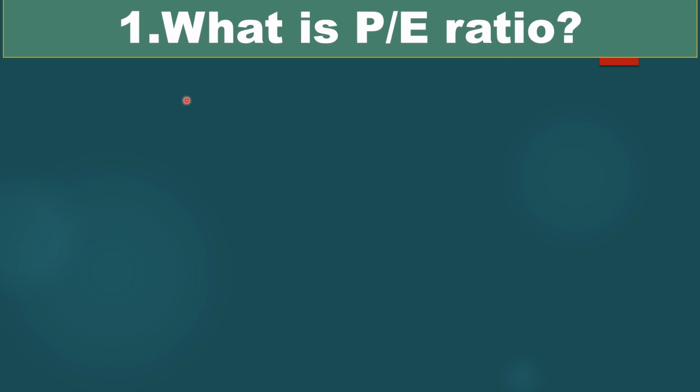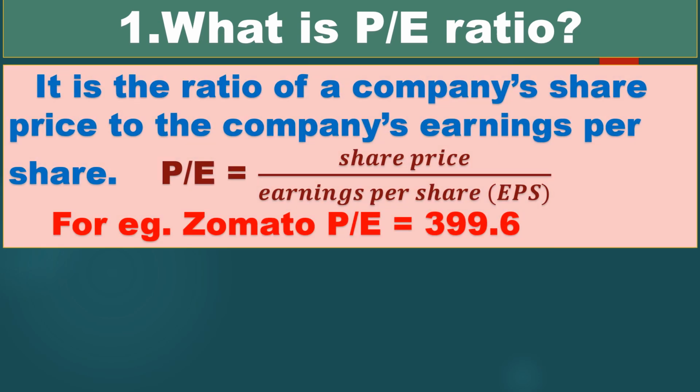Okay, let us see what is PE ratio. What does P stand for? The company's share price, the stock price of the company. What does E stand for? Earnings per share. How much earnings the company has earned per share.